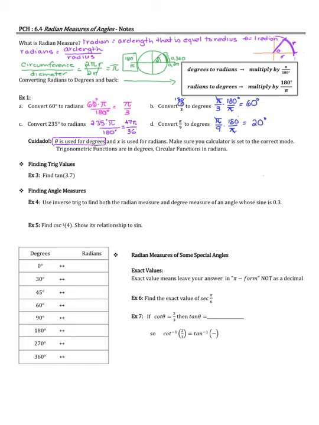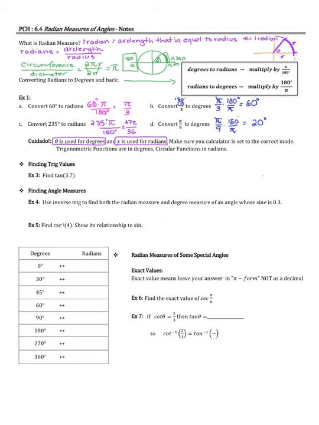But in general, we're going to try and use theta when we're talking about degrees, and x when we are talking about radians. And we will try to be consistent with that. So right now, we're going to be in radian mode. I hit mode on my calculator, scroll down to radian, choose that, and enter.